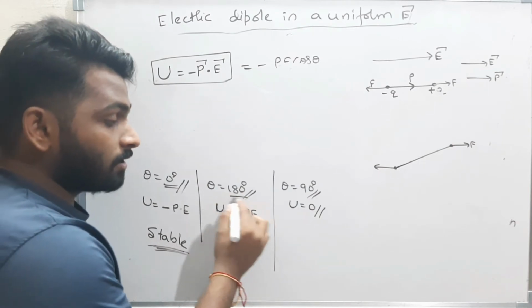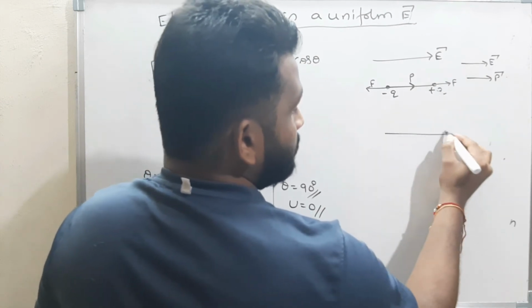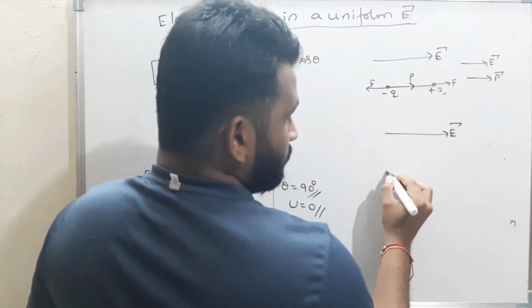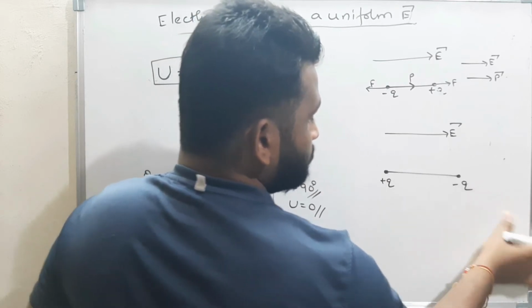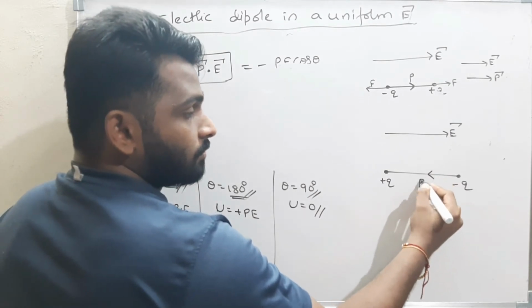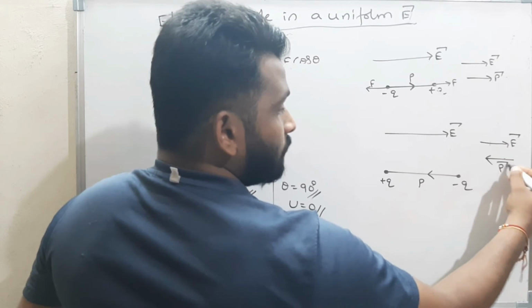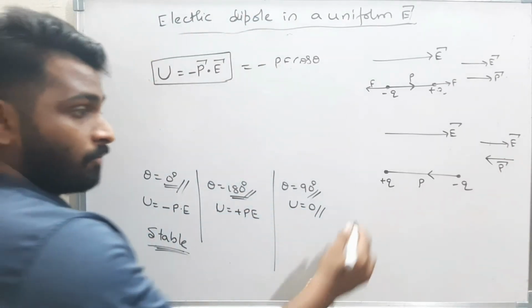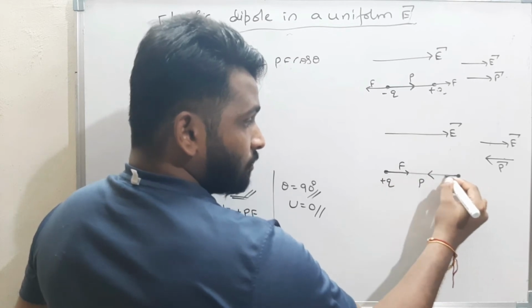Now if it is 180 degrees, see here, this is E bar, plus Q, minus Q. This is the dipole moment direction. This is E bar and this is P bar. Now the force on the positive charge is in this direction, and on this negative charge the force is in this direction.